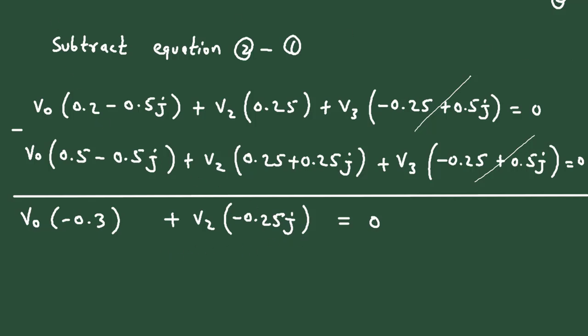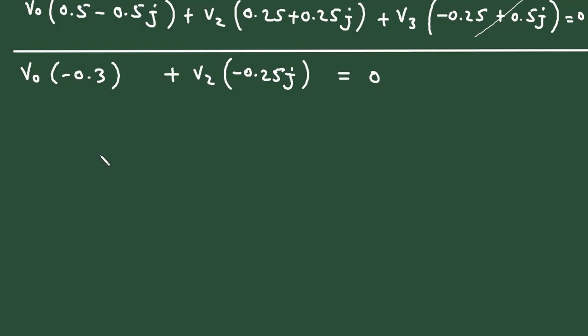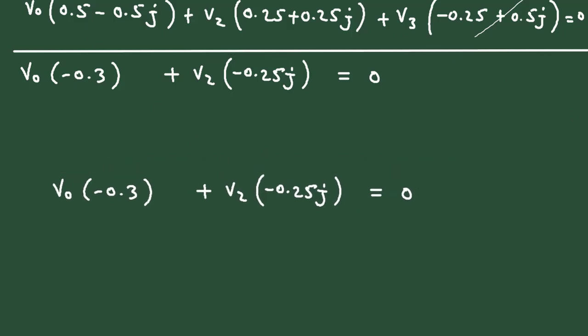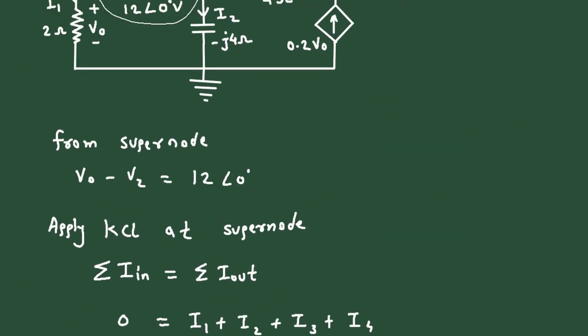Now we got a new equation. We got this new equation from here. Let's take this, and also we have the value from this supernode. From this supernode we can write V2 is equal to VO minus 12.